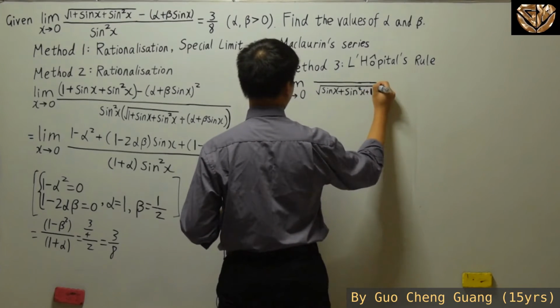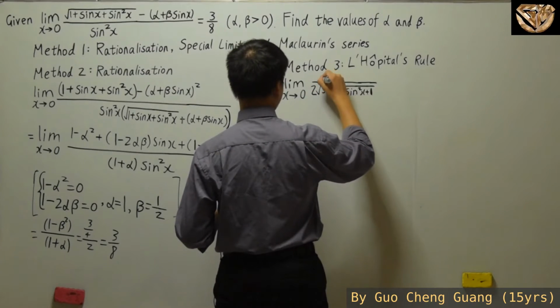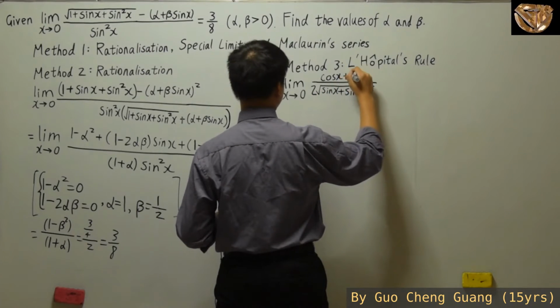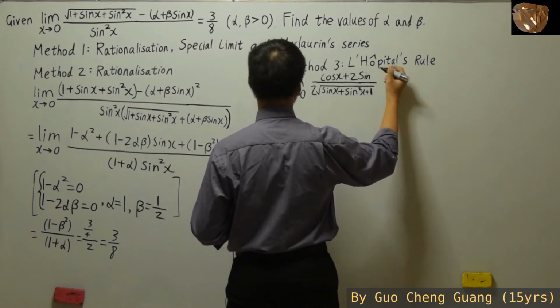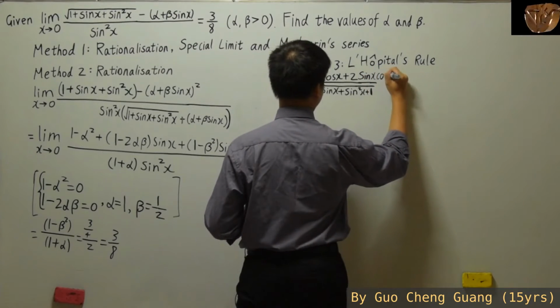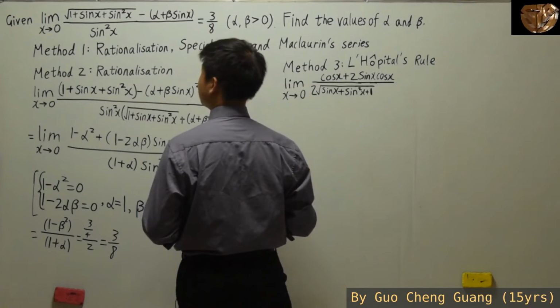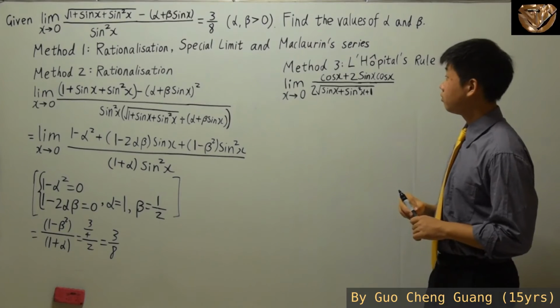So half, there you have cosine x plus 2 sine x cosine x. Right, so this should be the first term that you're seeing.